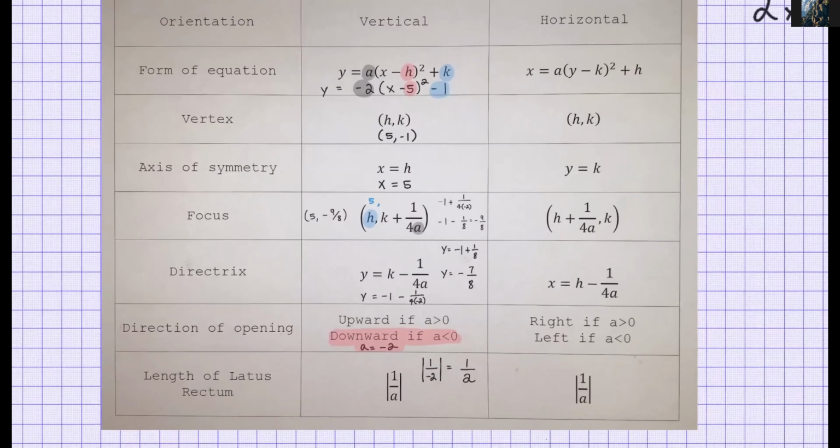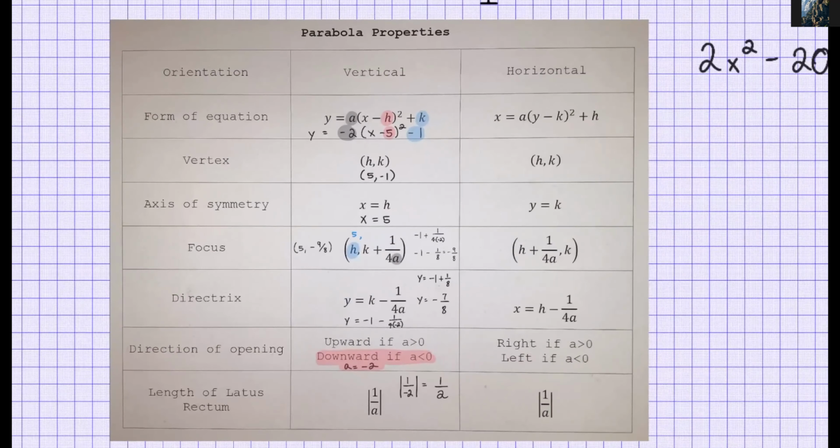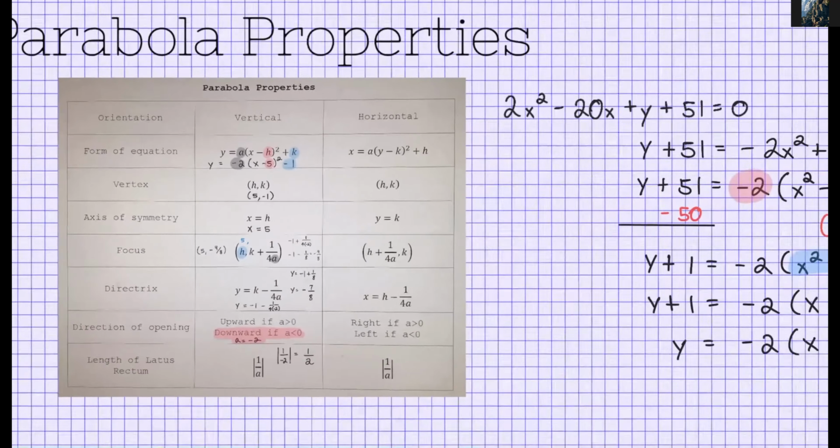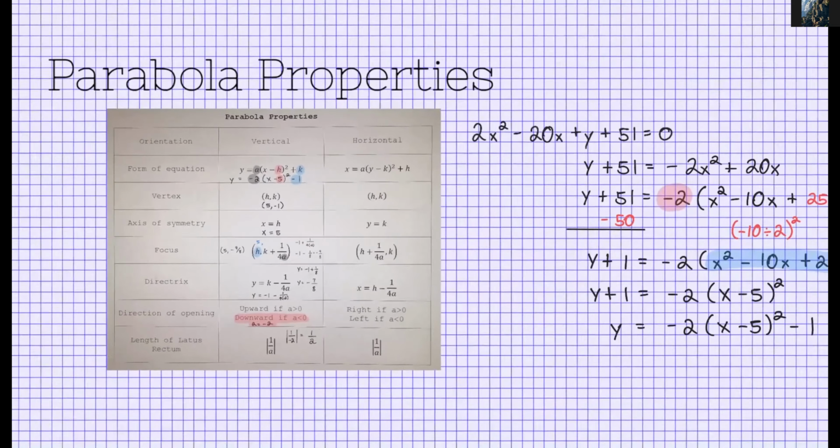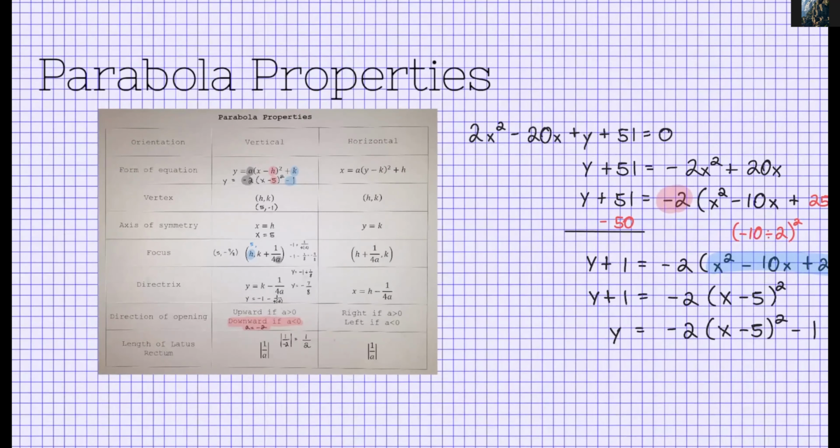Later on, we will be using all this information to graph a parabola. So far, our objective was to move from the general conic equation to the vertex form of the equation to obtain these three values, a, h, and k, and use them to calculate all the properties of the parabola.